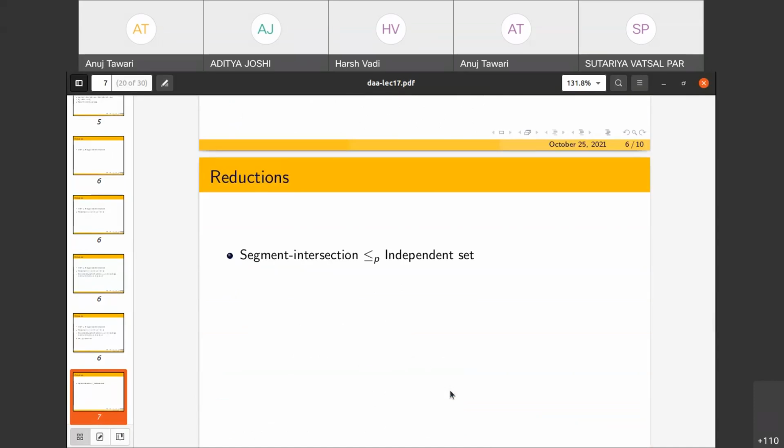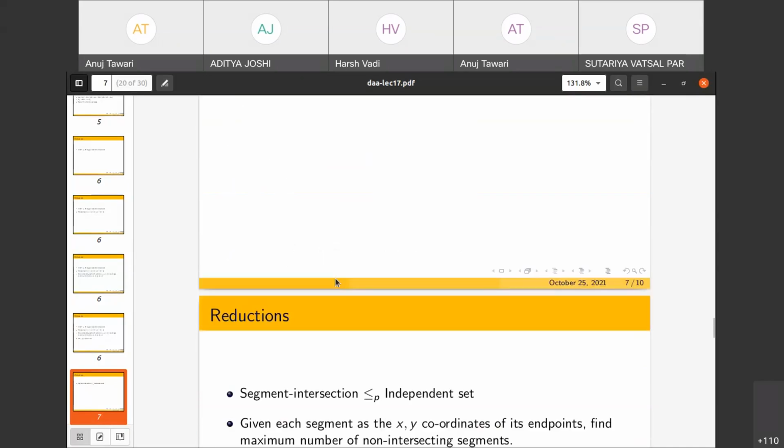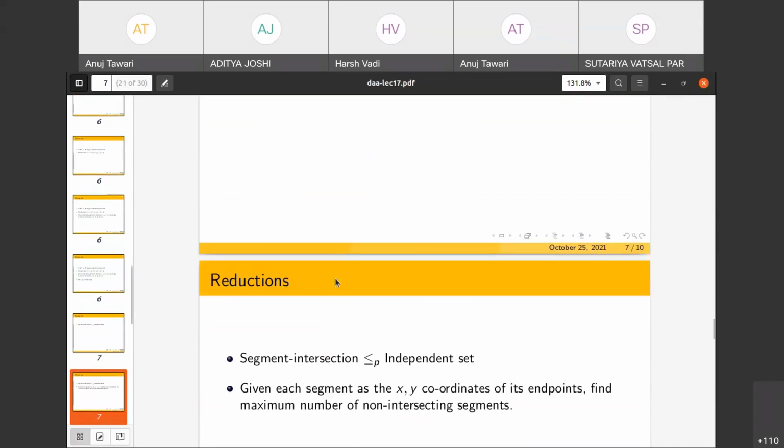So this is another easy one. This segment intersection reduces to independence. So what do I have in this problem? Segment intersection. Okay. So you are given a bunch of line segments. There are n many line segments.